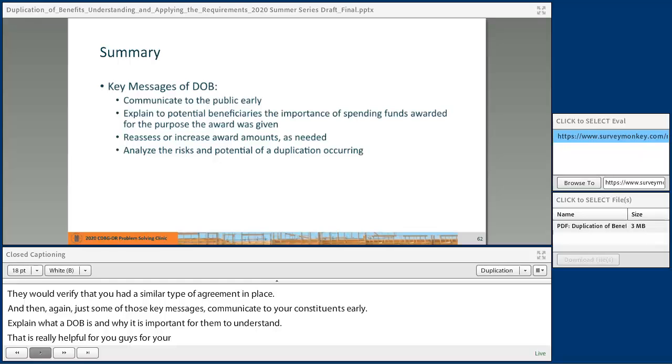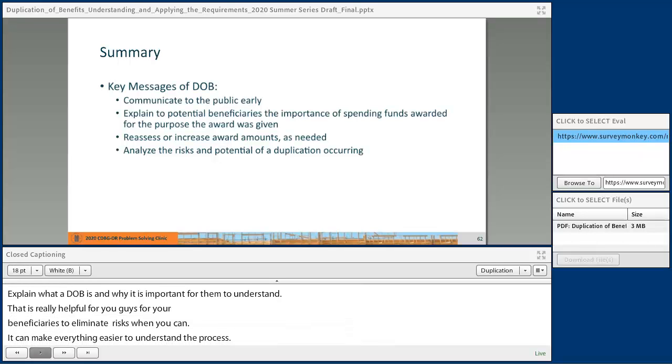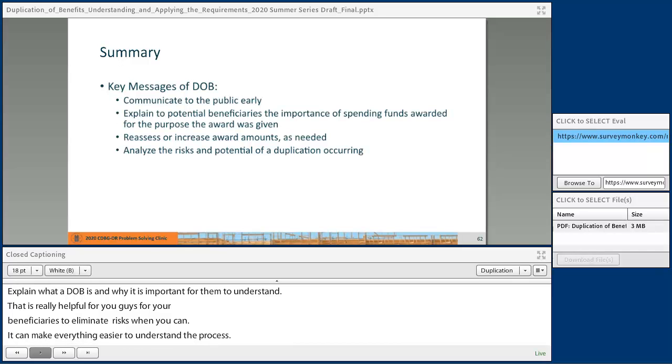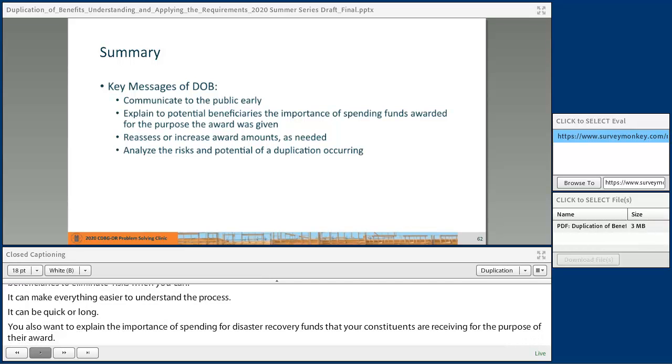You also want to explain the importance of spending the disaster recovery funds that your constituents are receiving for the purpose of their award. This is something you might want to take on as soon as you find out that you're getting CDBG-DR funds, in the very beginning of this process.